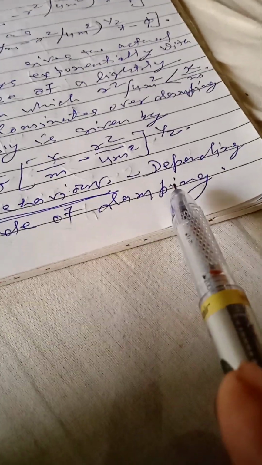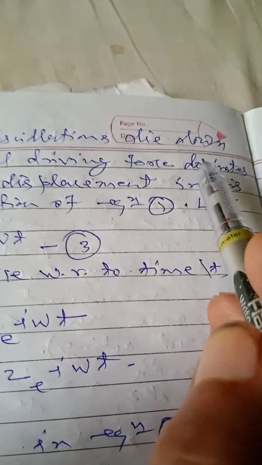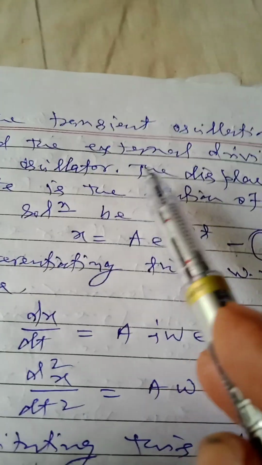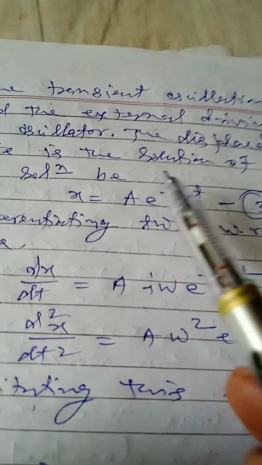This is the frequency. In steady state behavior, depending upon the magnitude of damping, the transient oscillations die down, and the external driving force dominates the oscillator.